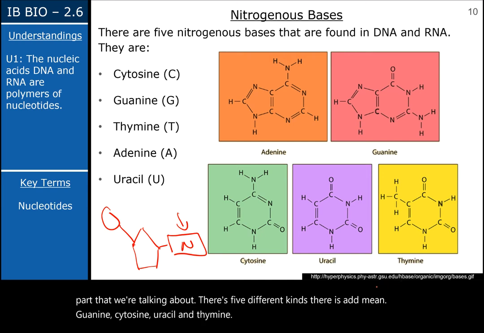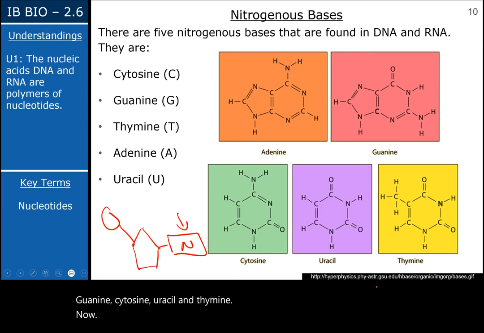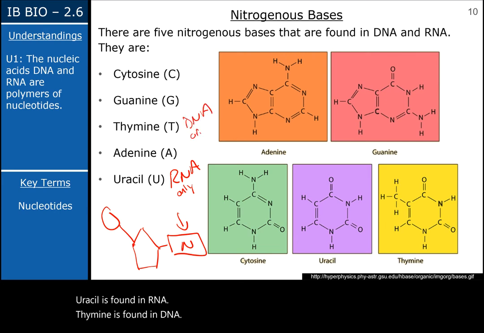Now, not all of these are found in both DNA and RNA. Uracil is found in RNA only. Thymine is found in DNA only. Cytosine, guanine, and adenine are found in both.